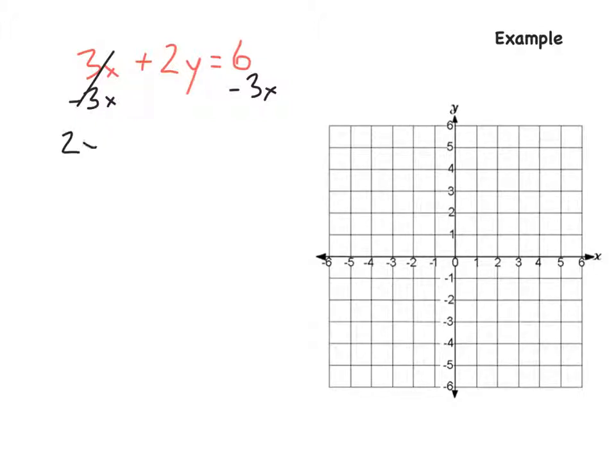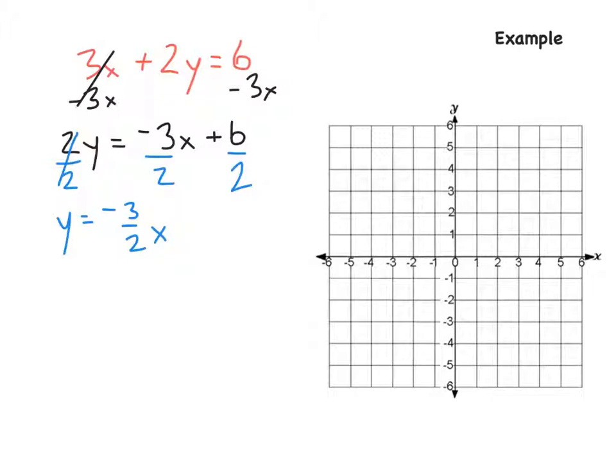All we have left is 2y is equal to negative 3x plus 6. Now to get y alone, divide everything by 2. So the 2's cancel out, and y is equal to negative 3 over 2 x plus, and what's 6 divided by 2? 3.